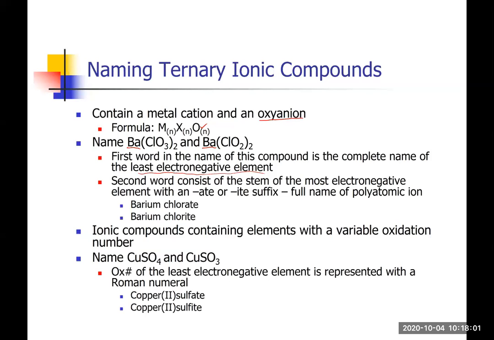So we just say the full name of the polyatomic ion. So BaClO3 is barium chlorate. We know that ClO2 minus is chlorite. So again, we just say the full name of the polyatomic ion following the full name of the least electronegative element. So the name of BaClO2 is barium chlorite.